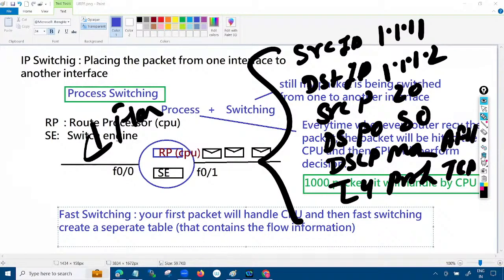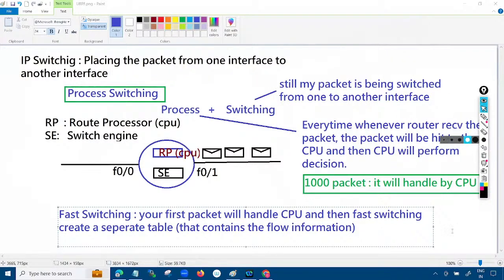So what will fast switching do? If you have a different IP and everything else is the same, for example your destination IP is 1.0.3, that will be called a different flow. Flow means everything is the same. So in fast switching, only the first packet of that particular flow will be handled by the CPU.